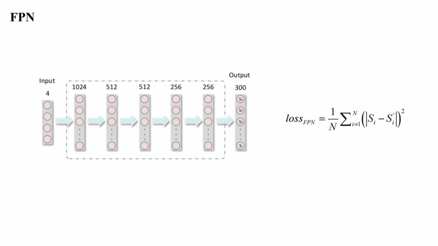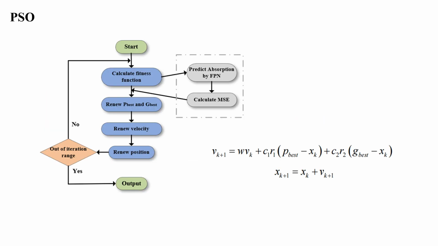And the loss function here is just like this. That is, we compare the absorption data based on the FPN methods and the absorption data based directly on FDTD simulations.